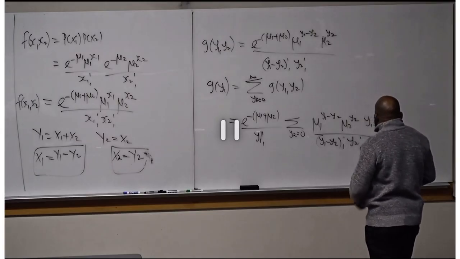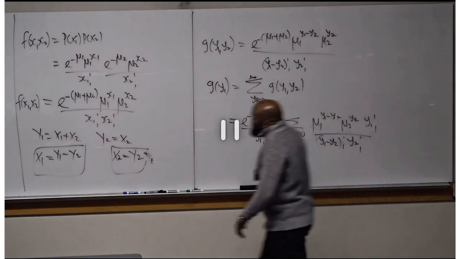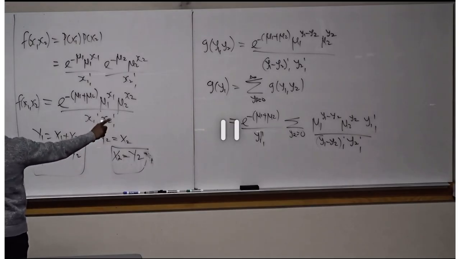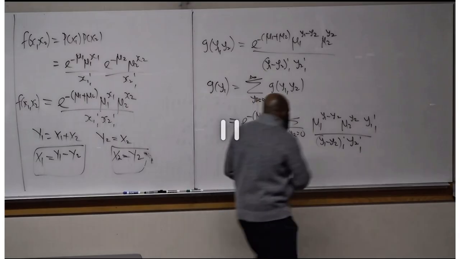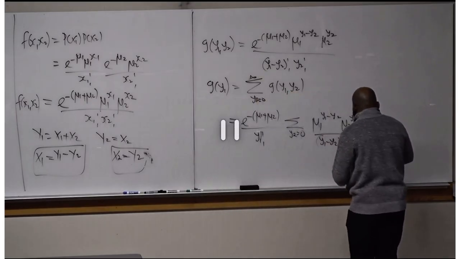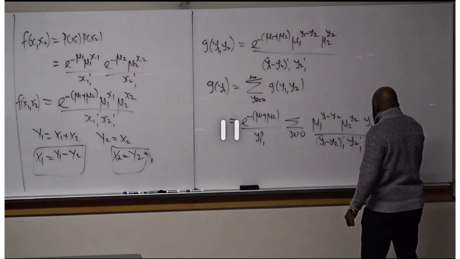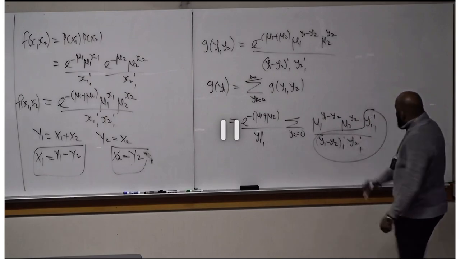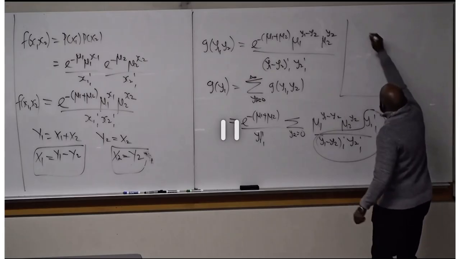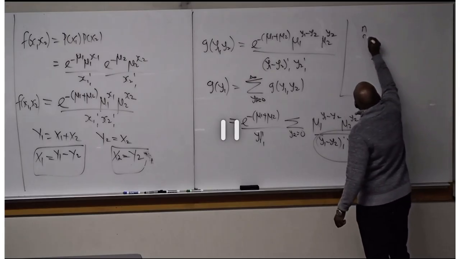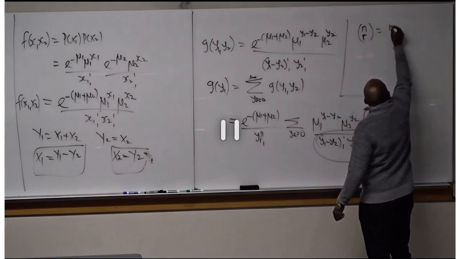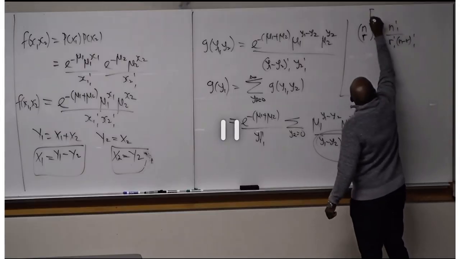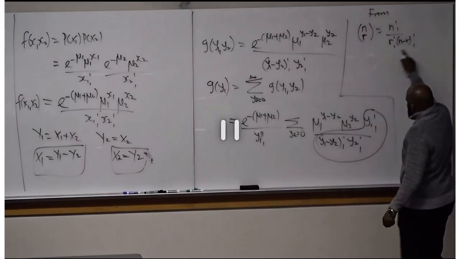So we are there now. y2 factorial, that. Now, if you take a look at this here, I have y1 factorial. From the fact that n combination r in statistics is n factorial divided by r factorial times (n minus r) factorial, I can rewrite this.